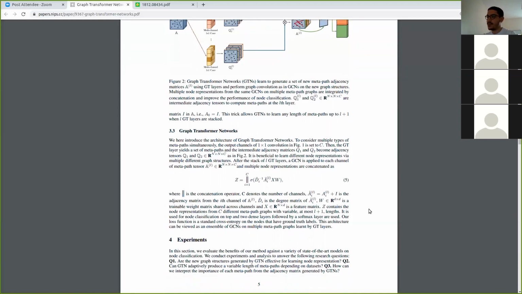So this architecture, it says, can be viewed as an ensemble of GCNs on multiple meta path graphs, ensemble by concatenating on the different channels.